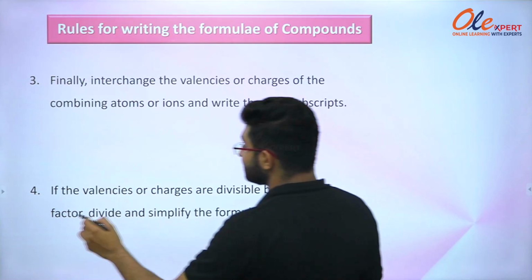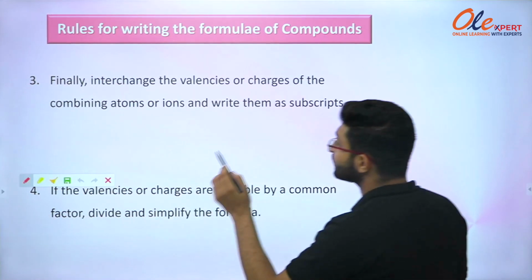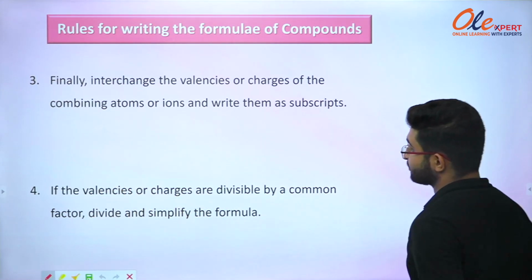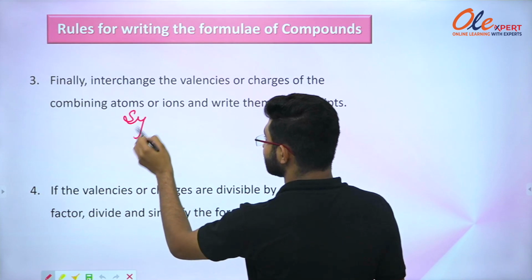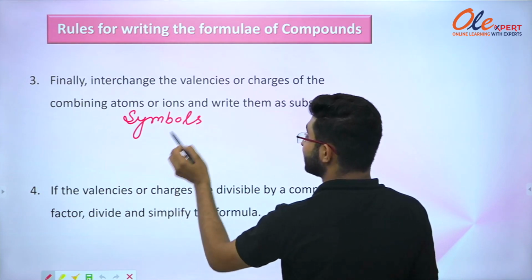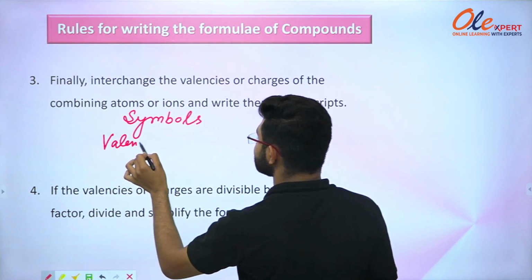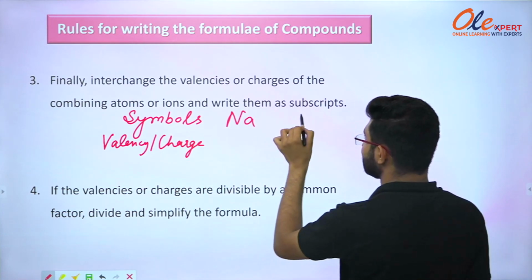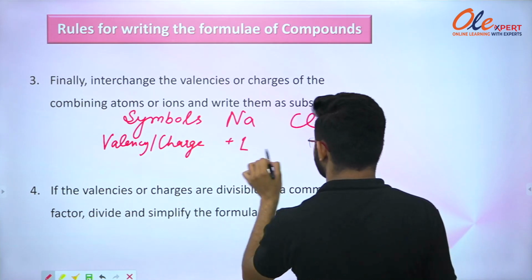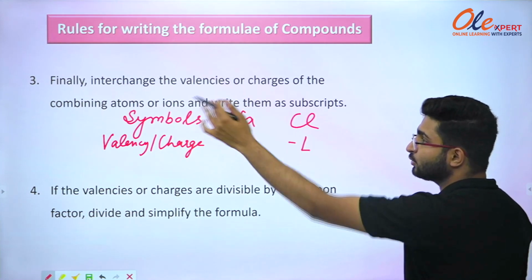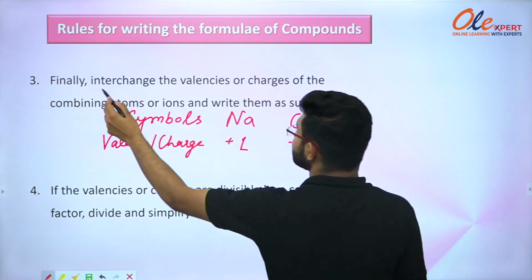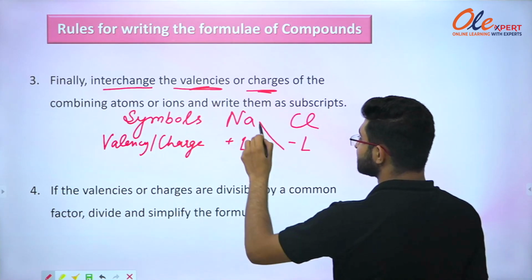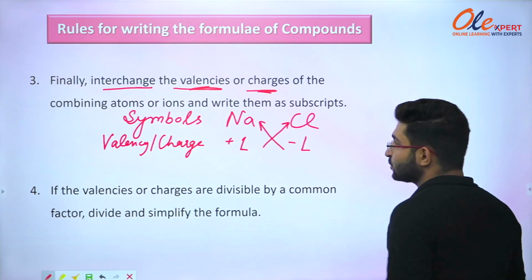Finally, interchange the valencies or charges of the combining atoms or ions and write them as subscripts. We have written the symbols, and we have also written the valencies or charges: Na Cl, +1 -1. Now according to the third rule, we have to interchange the valencies or charges. So this goes to this and this goes to this.